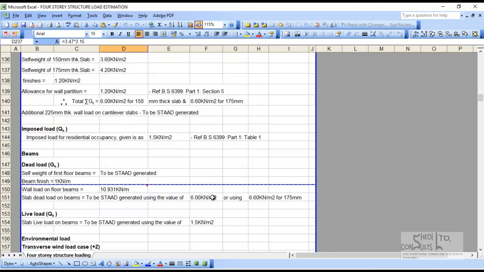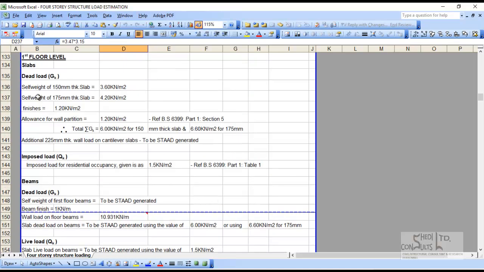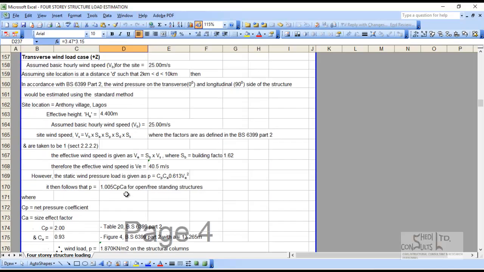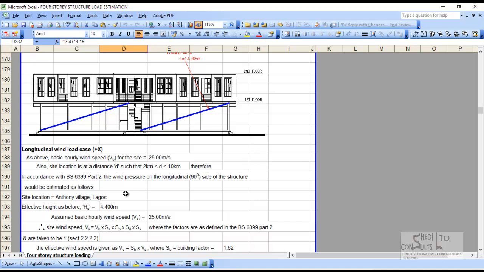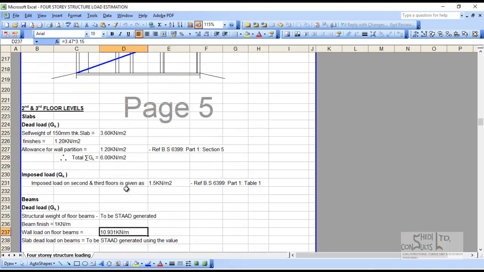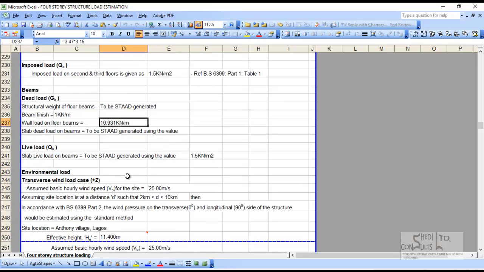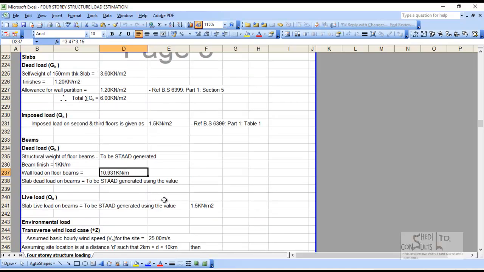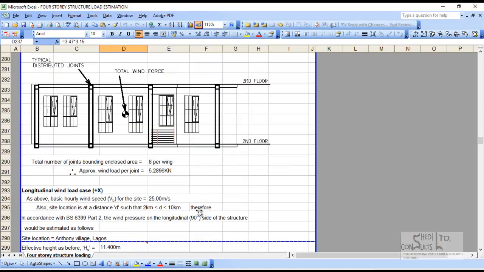But take note that anywhere you have your slab to be of a different thickness, your total dead load will change. Anywhere your slab is of a different thickness, the dead load on that floor will change. Or if the floor is not a solid slab, if it's made of composite material, the total dead load will change. This is just to note this information.